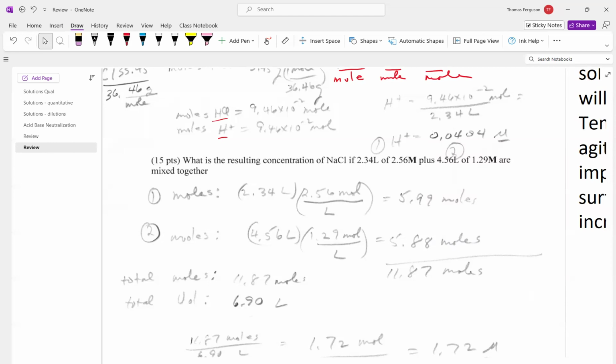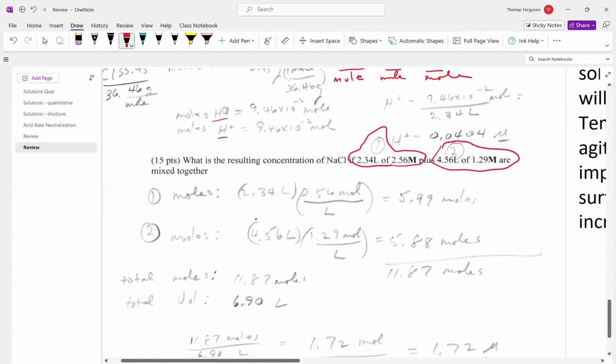Well, we need moles contributed from each one. So solution one, the moles is volume times concentration, gives us moles.